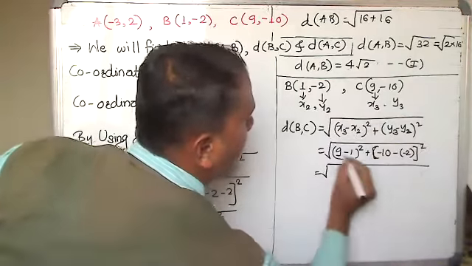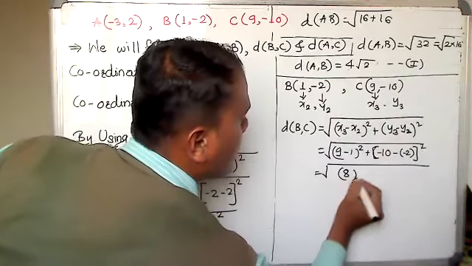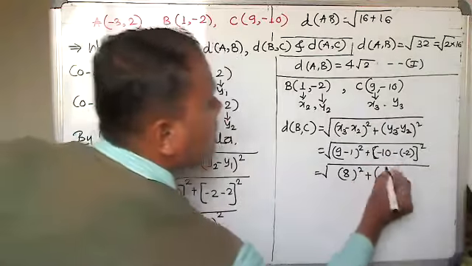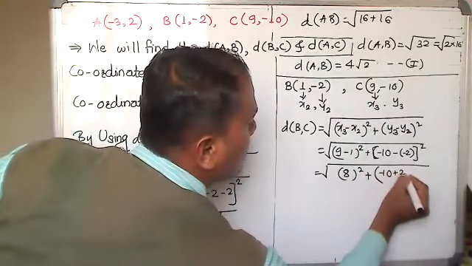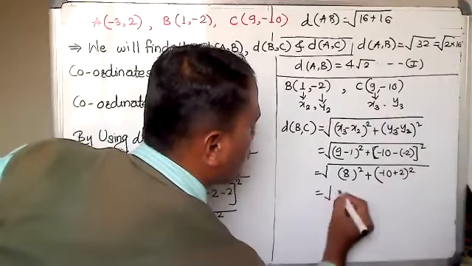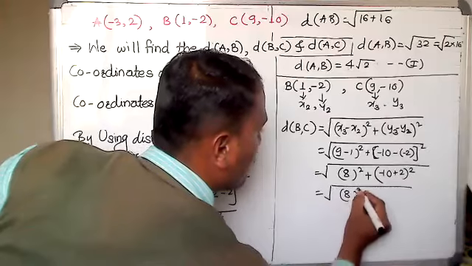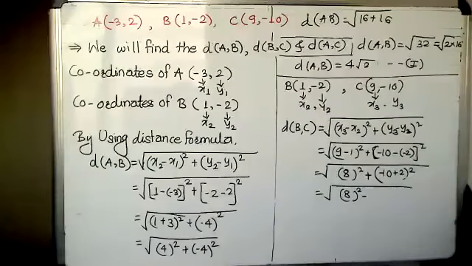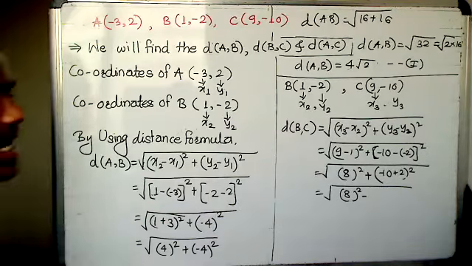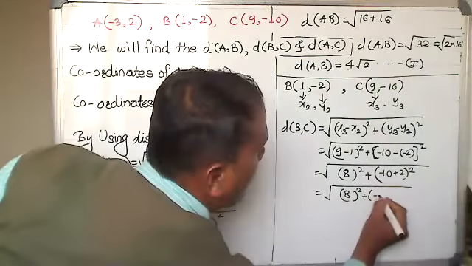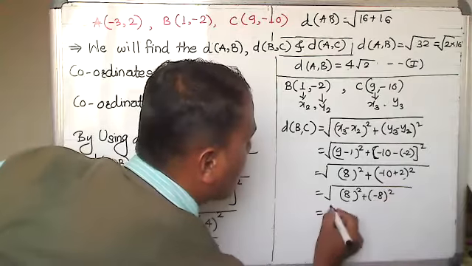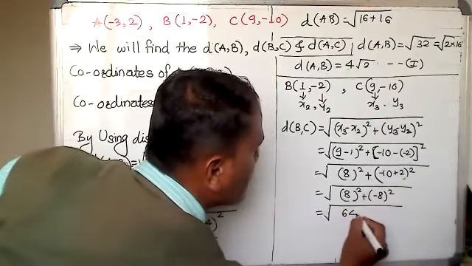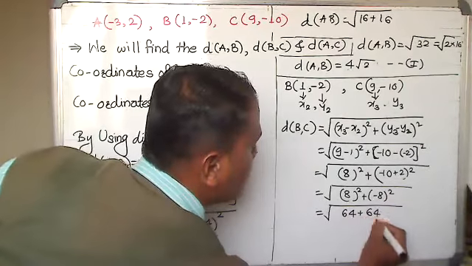Again 9 minus 1 is 8, so 8 square plus (minus 10 plus 2, which is minus 8) whole square. 8 square is 64, plus 64.